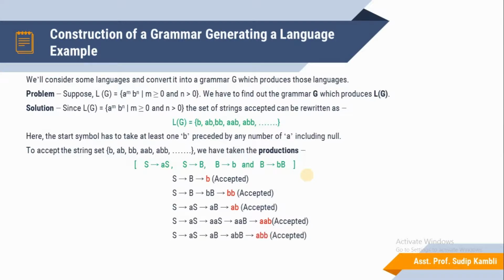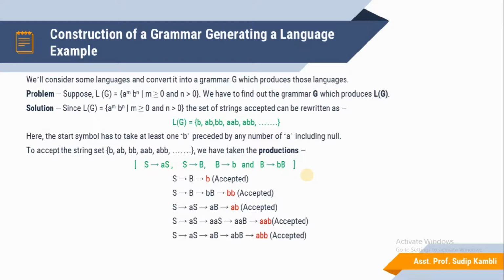And the last acceptance check. S derives AS is the start production rule applied here. Then S is replaced by the non-terminal symbol B, so AB is a new production set created.